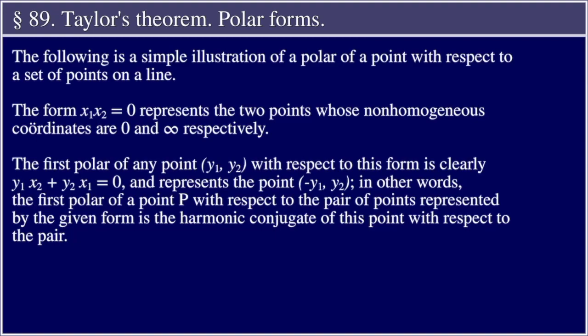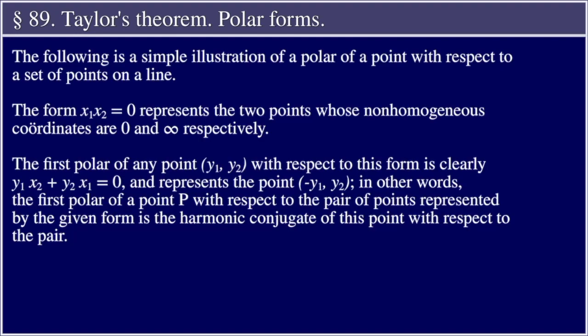The following is a simple illustration of the polar of a point with respect to a set of points on a line. The form x sub 1, x sub 2 equals 0 represents the 2 points whose non-homogeneous coordinates are 0 and infinity, respectively.